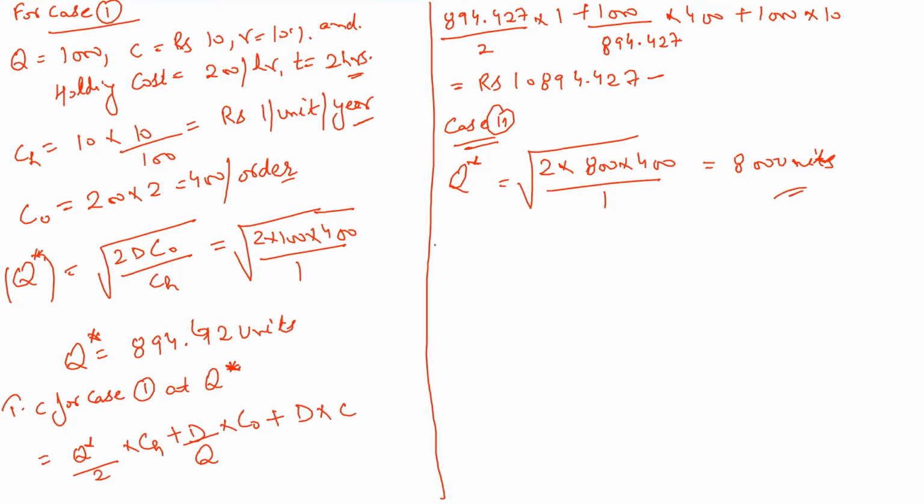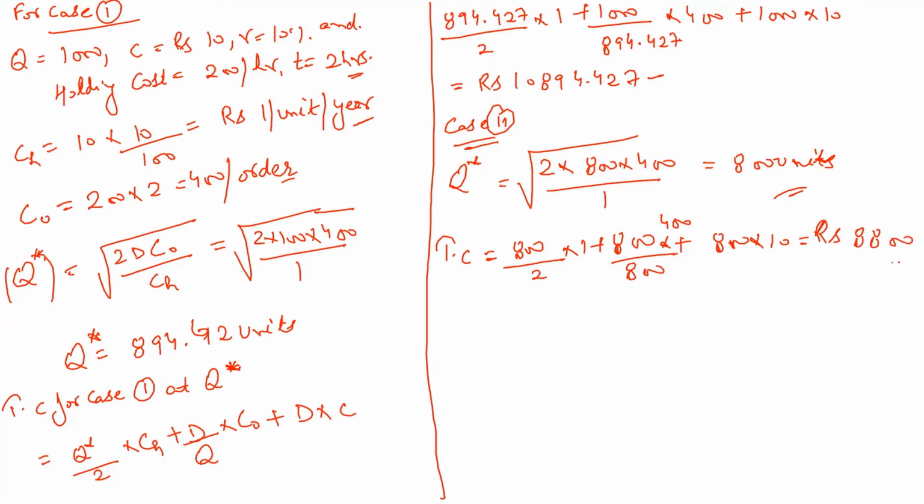So the total cost would be 800 by 2 into 1 plus 800 divided by 800, D by Q, multiplied by 400, plus 800 into 10, which comes to near 8800 rupees.